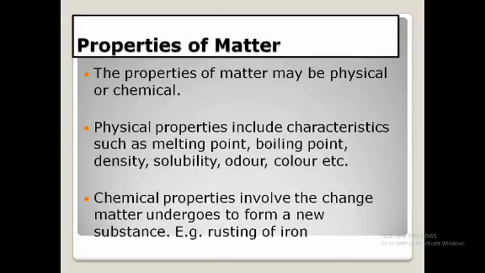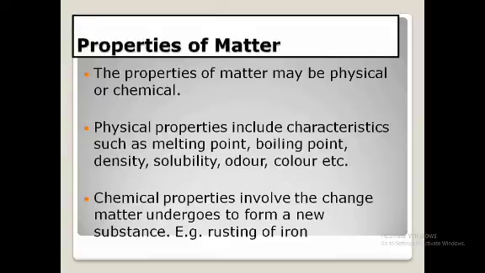So let's look at the properties of matter. Each substance can be identified using the characteristics possessed by the substance. These characteristics are called properties, and the properties may be physical or chemical.